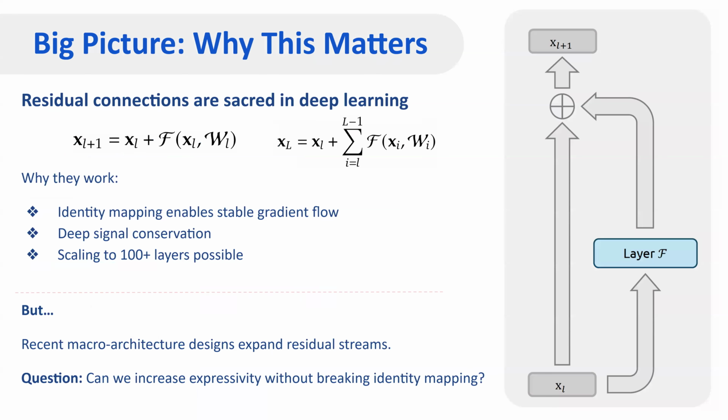X_{L+1} equals X_L plus F. What is the derivative of this expression with respect to X_L? One plus something. Yeah. But then it's always one. When you have multiple layers stacked, you just have 1 times 1 times 1 times 1. So it's always 1.